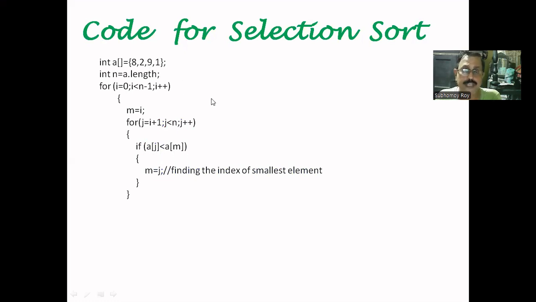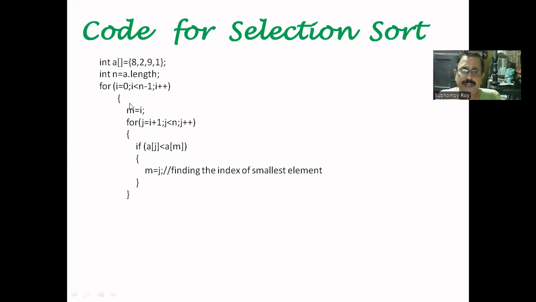Now just see this example. m at the very beginning means 0. So a[m] definitely represents element 8 at the very beginning. Since j is starting from I plus 1 position, means position 1, a[j] actually means a[1]. What element is there in a[1] at the very beginning? Element 2.